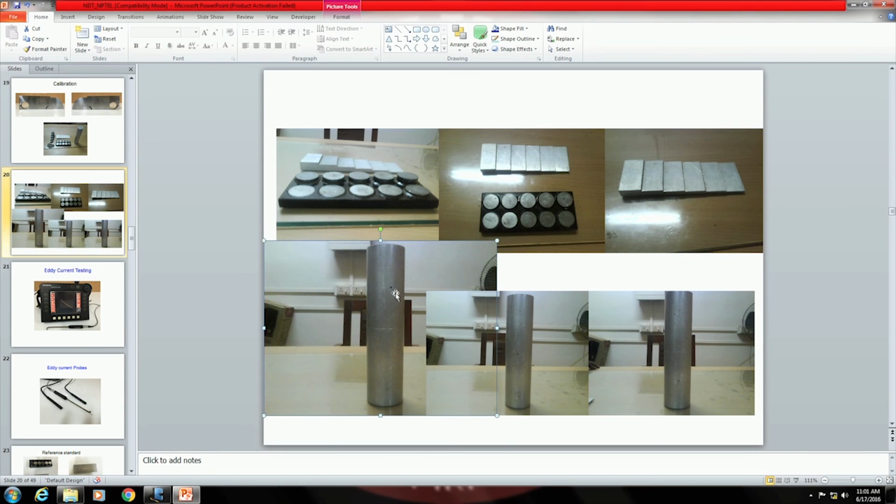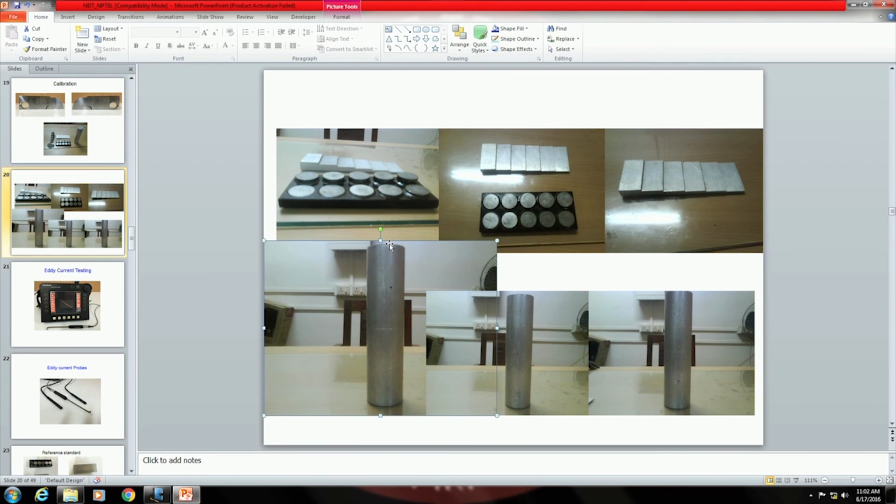This hole is at a distance from the top which is 50 millimeter. So, this is at a known distance as I told.